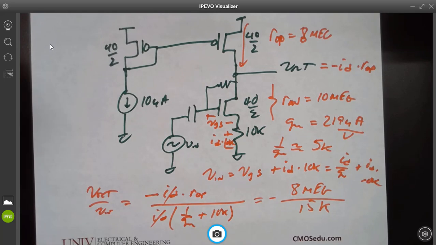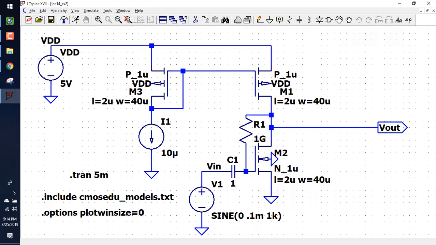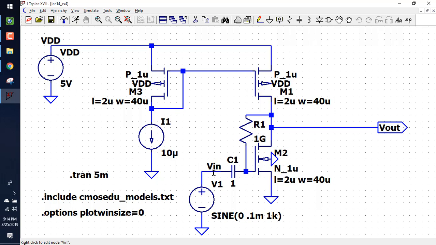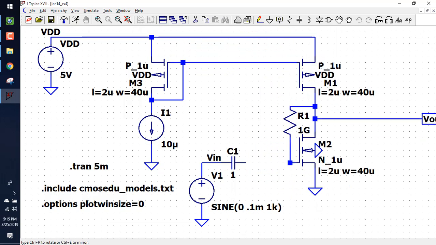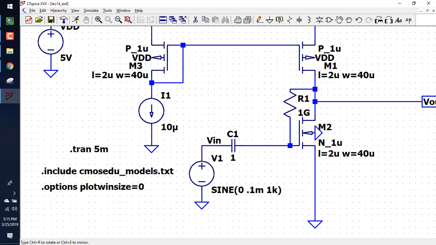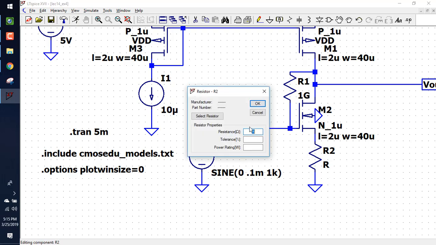All right, so let's go back to our sims. Let's go here to example 2. Let's go File, Save As, and go example 4. And then let's do a little stretching. And then go over here, and then grab this, pull this down, grab the resistor, right click, put this as 10K.